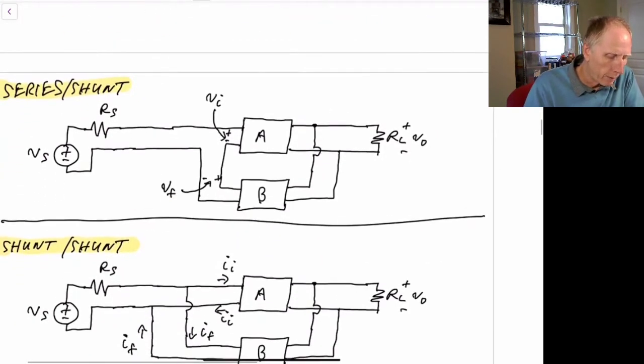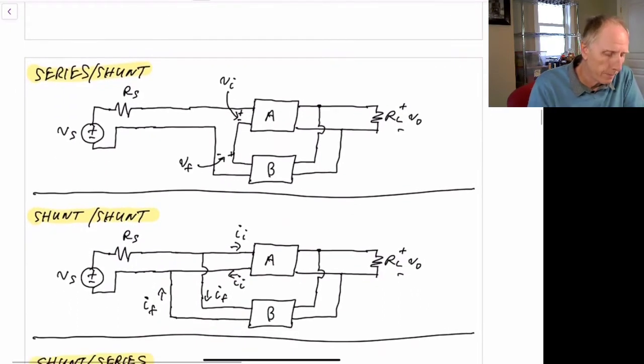So then we can draw our four different types of feedback. We have a series shunt. So in this case here, we would have our shunt at our output. So we can see we have a shunt connection for the output. But in order to have the voltages sum together, we have a series connection here for the voltages.